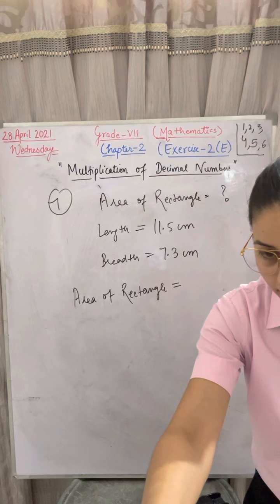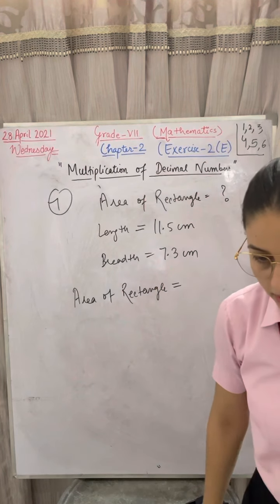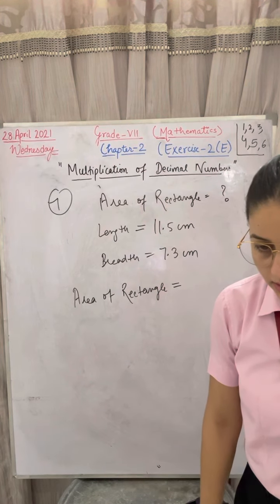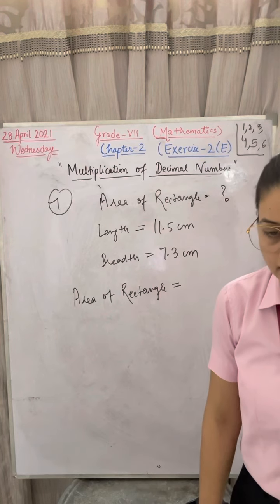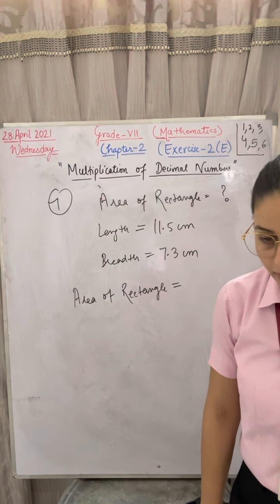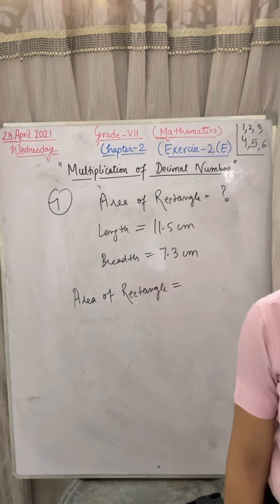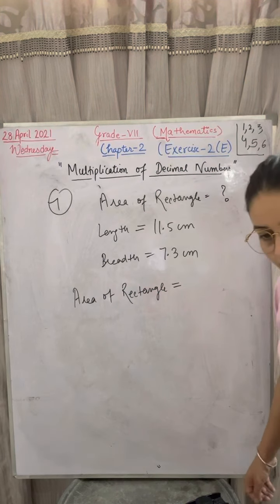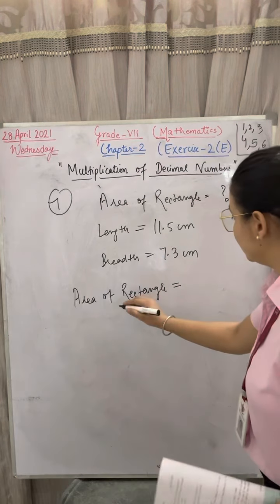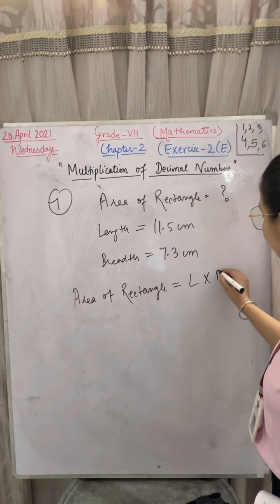Kushan, right. Raghav, right. Anirudh, right. Adarsh, your answer is wrong, your formula is wrong. Angel Goyal, right. Abhijot, I'm asking the formula first of all. Naman Puri, very good. The area of the rectangle will be length into breadth.